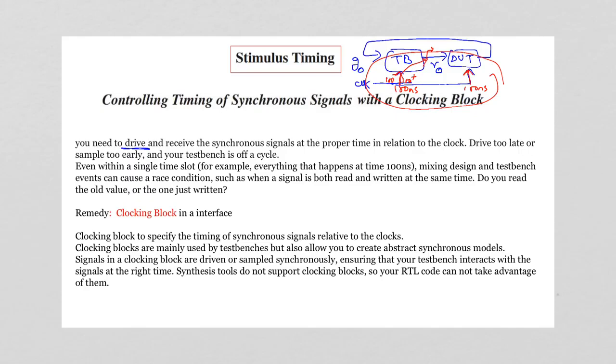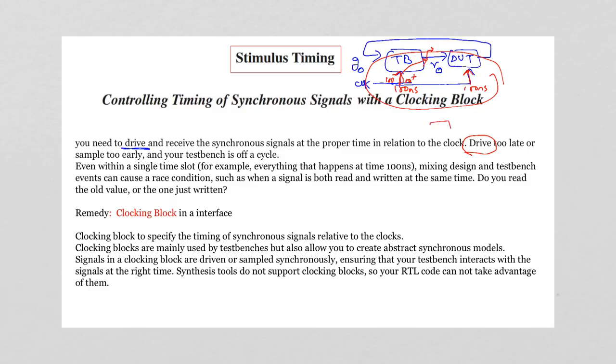If you are driving too late or sampling too early, the test bench may skip one cycle. No operations will be done during one cycle if the driving is too late or if sampling is too early.